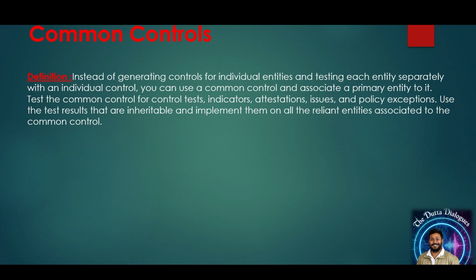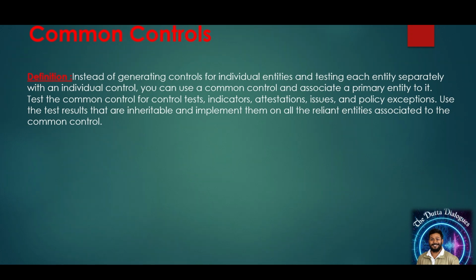Instead of generating controls for individual entities and testing each entity separately with an individual control, you can use a common control and associate a primary entity to it. Then test the common control for control tests, indicators, then attestations, issues, and policy exceptions. Use the test results that are inheritable and implement them on all the reliant entities associated to the common control.